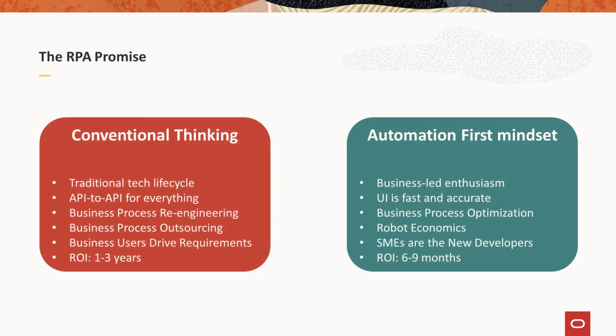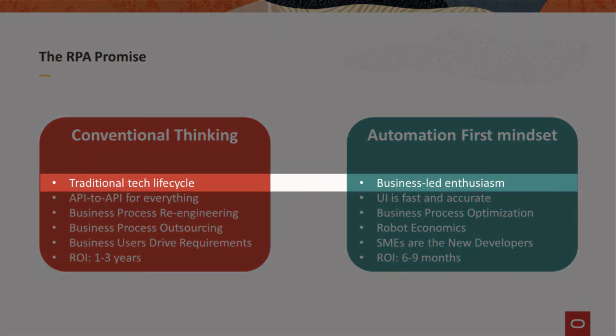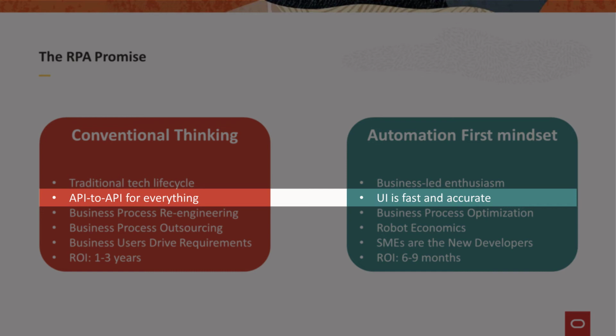The overall RPA promise here: rather than looking at a traditional technical life cycle, it's a business-led enthusiasm. Rather than using API to API for everything, it looks at UI for faster and more accurate processing.